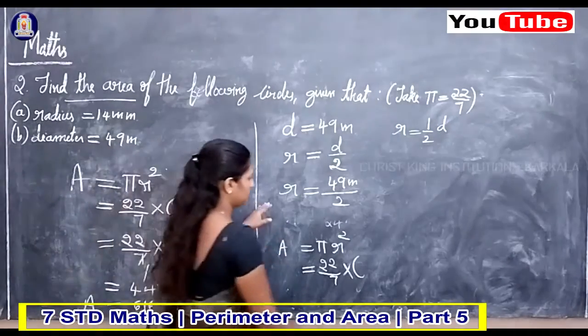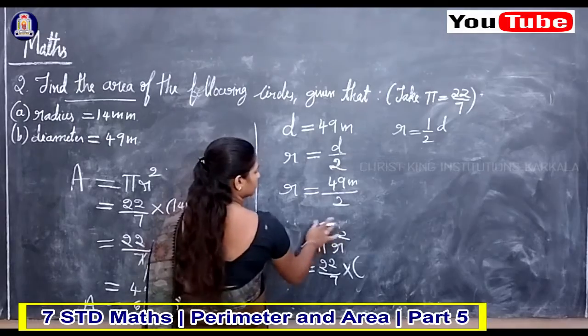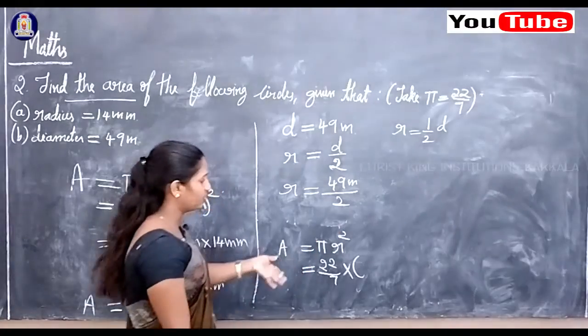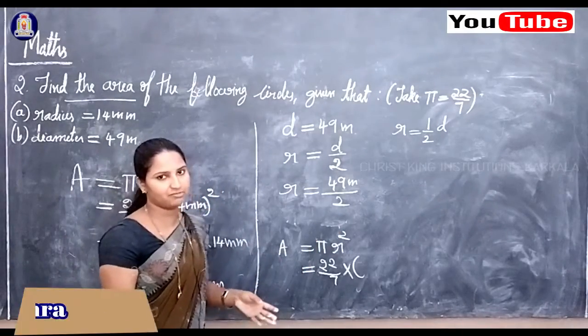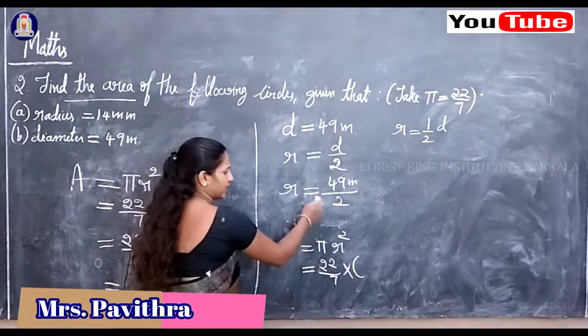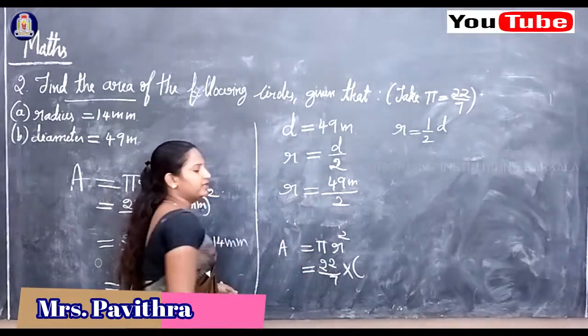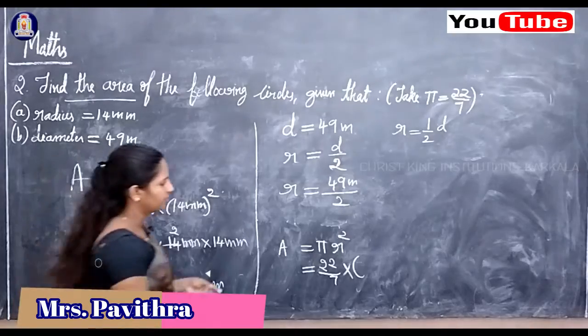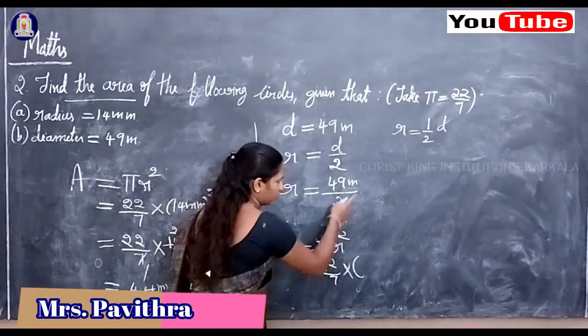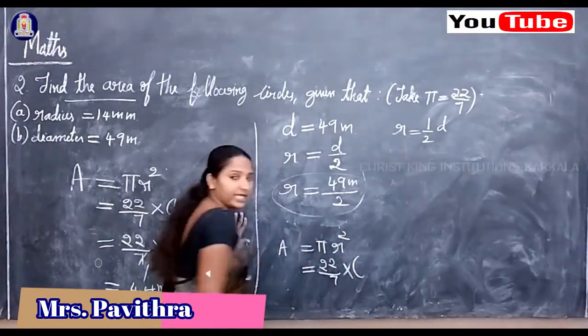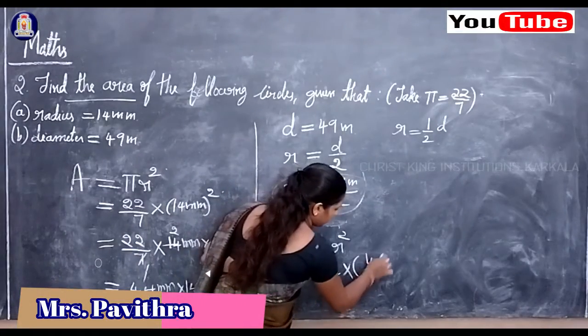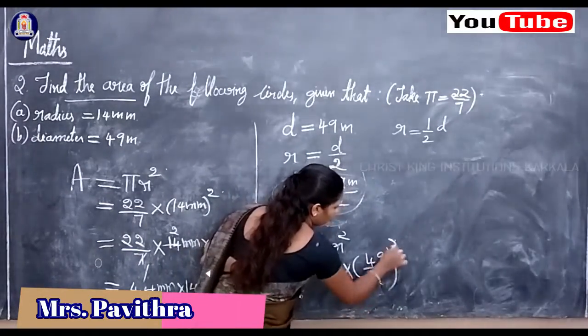So substitute here in the formula. Otherwise you have to again convert into fraction and decimal. So no need, you write this as r is equal to 49/2 meter. Okay, now substitute. What is r? R is 49/2, so 49/2 the whole square.